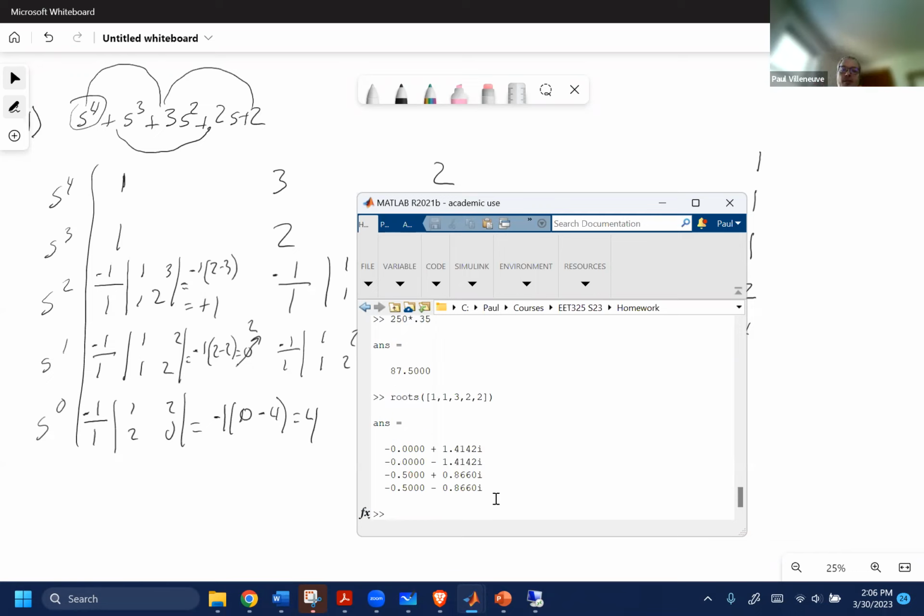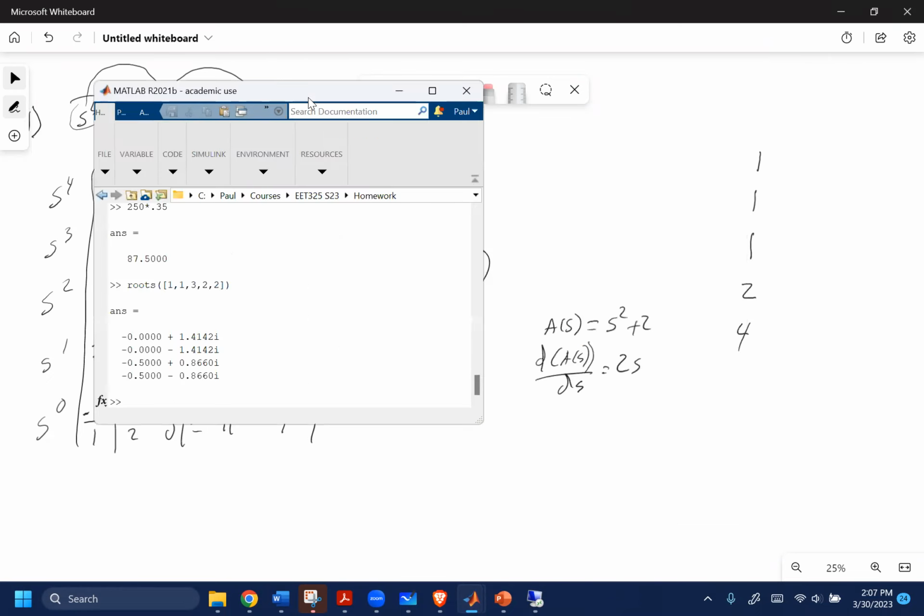Okay, so how many roots here are in the right-hand half plane? None of them.